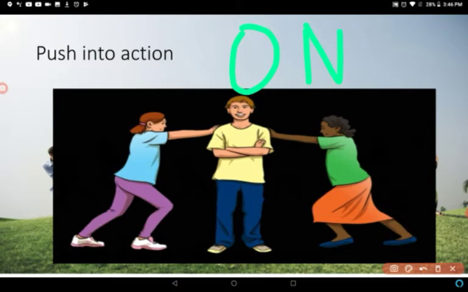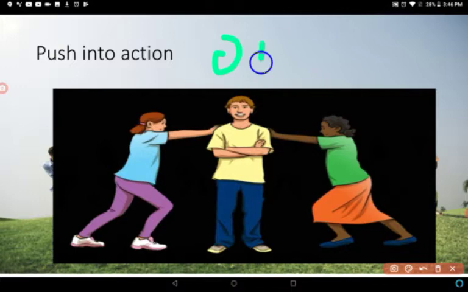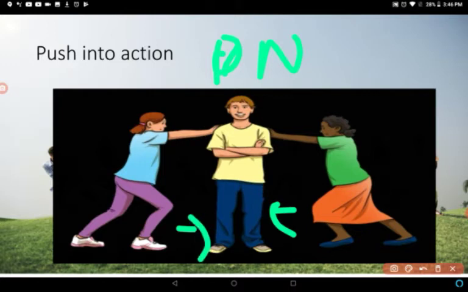This is called the net force, the sum of the forces applied on both sides. This is 0, so you are not moving. 0 means no net force is applied, nothing happens to you. Because of that you are not moving. Both are of equal power, so you are not moving and they are not moving. They are just applying force on you.